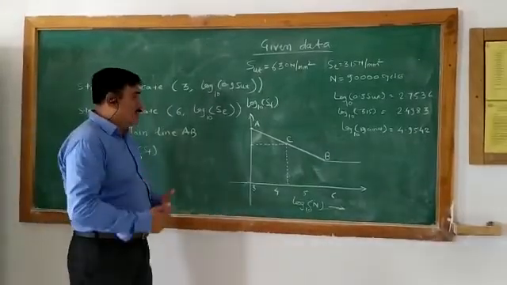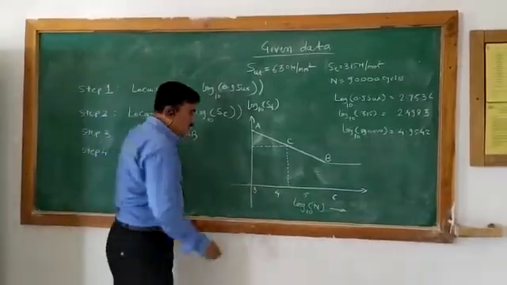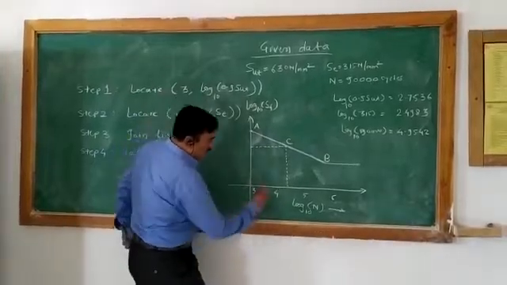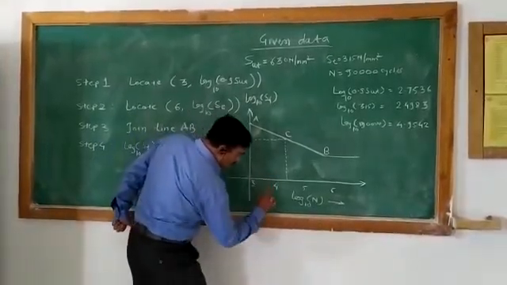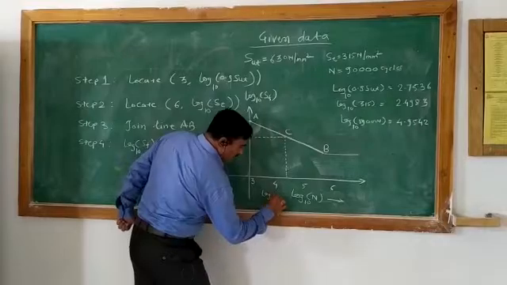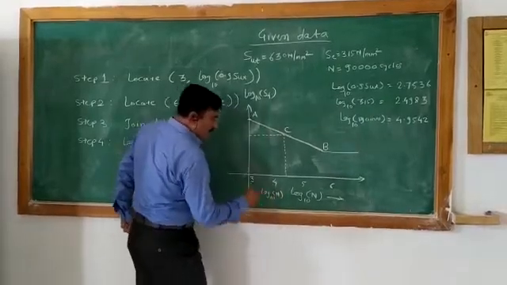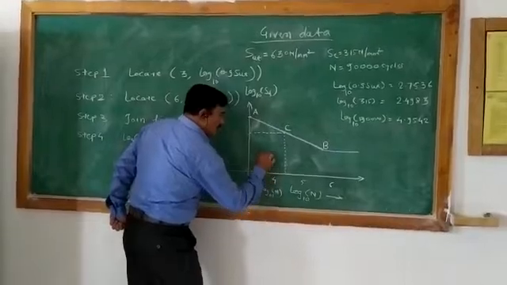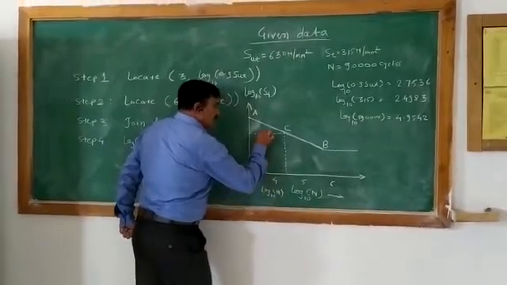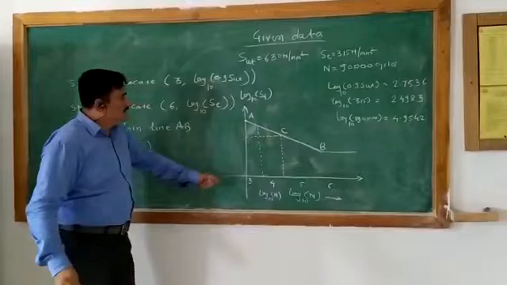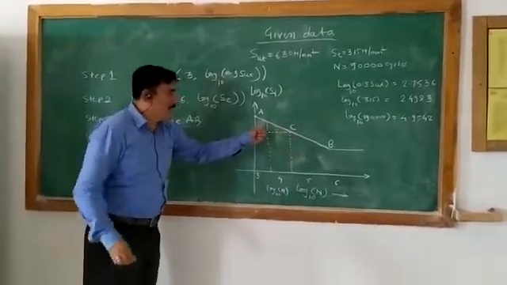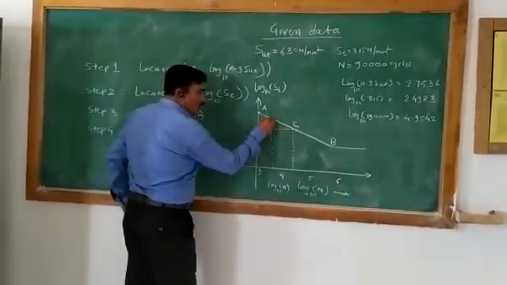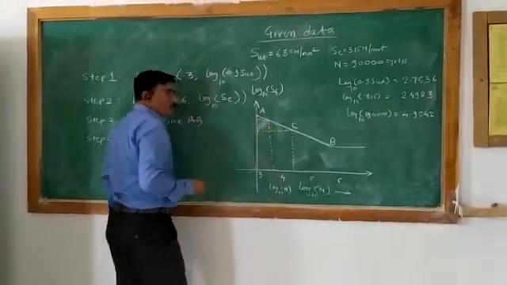In another case, suppose they have given the value of N. Then you need to take the point log of N, suppose it is here. Draw a line parallel to the y-axis and perpendicular to the x-axis. This will cut AB at a point. Now draw a line parallel to the x-axis from that point to the y-axis.